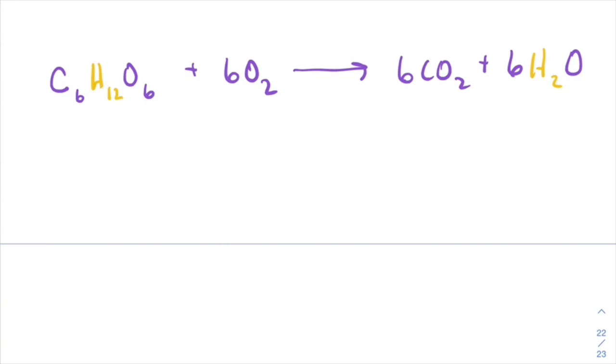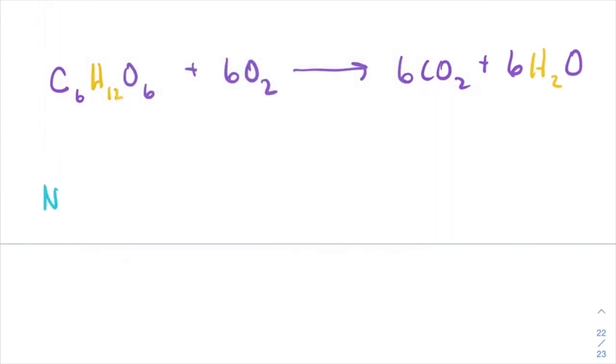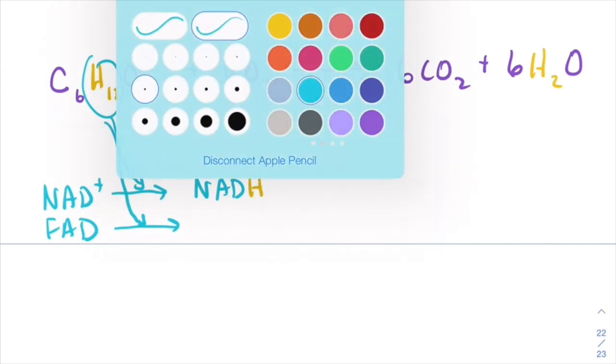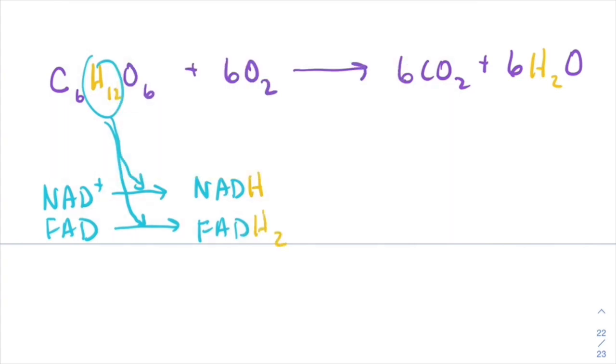The way this works, and this is just our overview here, is that NAD plus and FAD will pick up those hydrogens from glucose and become NADH and FADH2.